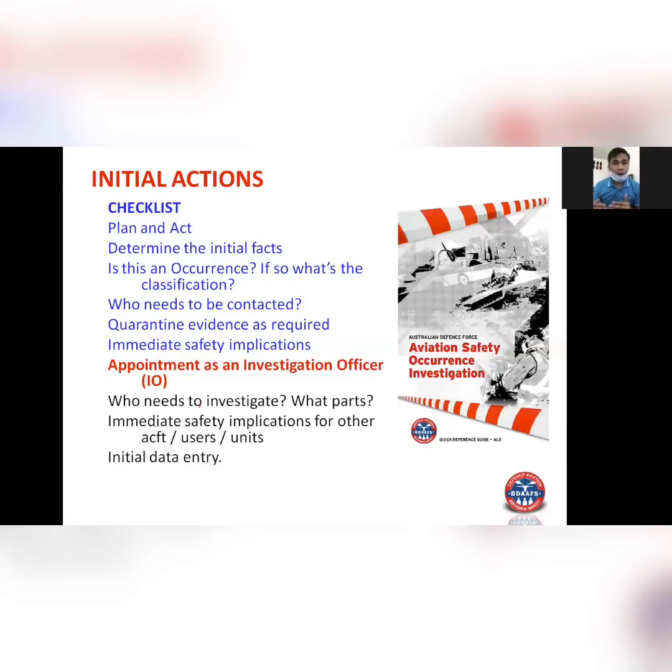So it may warrant a grounding of all aircraft. Kasi nga, kunwari, let's say mayroong engine oil chip na na-detect. So, our initial haka-haka doon is maybe there's something wrong with our engine oils or our fuel.